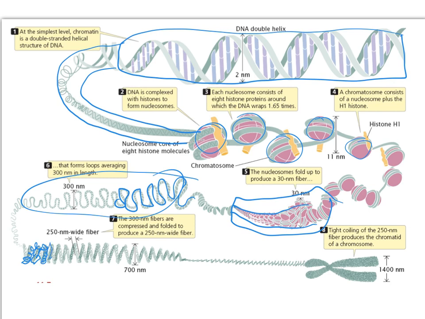So all that looping is all here, and then these compressed, folded, tightly twisted fibres form into a tight coil, making up your chromosome. Now there's maybe slightly more information here in your diagram than you need. You do need to know that your DNA is associated with proteins called histones, but this helps to give you a picture of what is happening with all of that coiling.